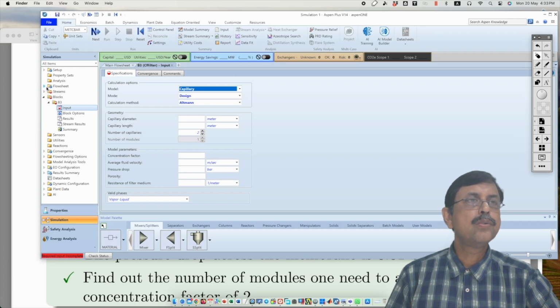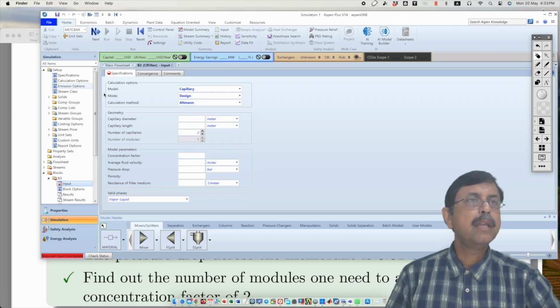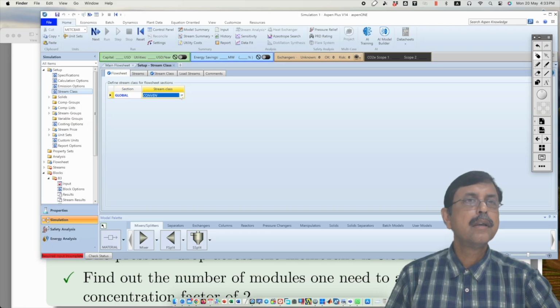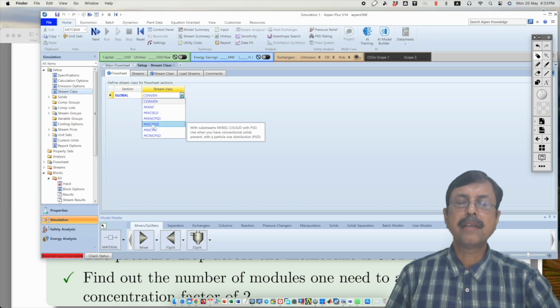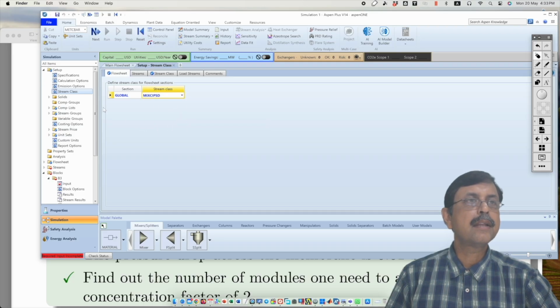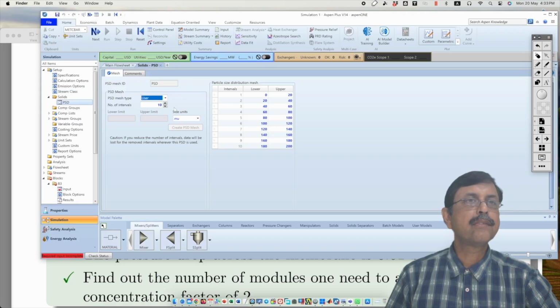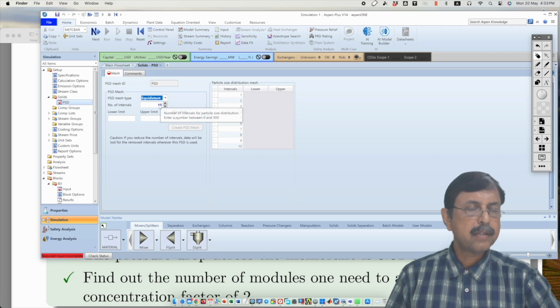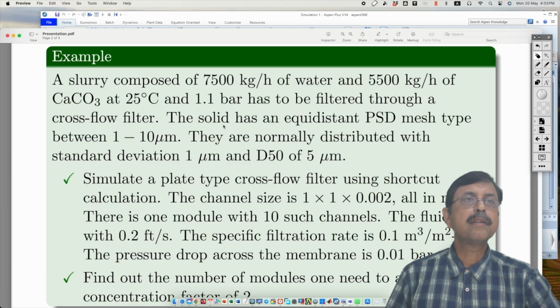Now we have to provide some information about the stream class, which is mixed CL-PSD, because we have particle size distribution over here. And then the particle size distribution, PSD mesh type, equidistant.